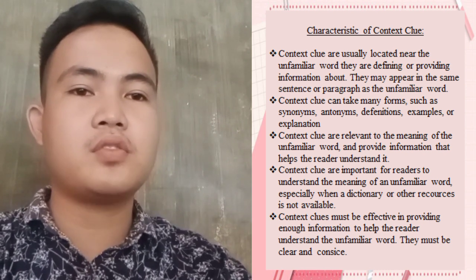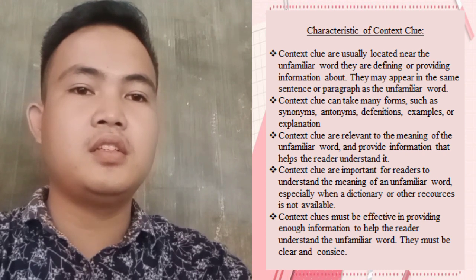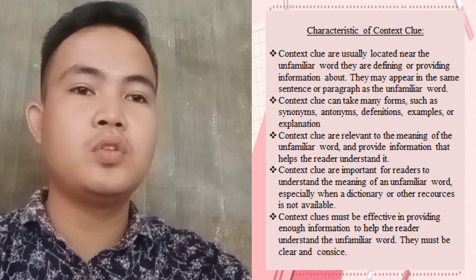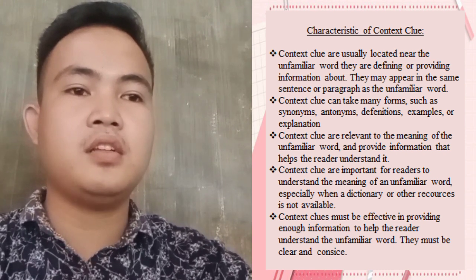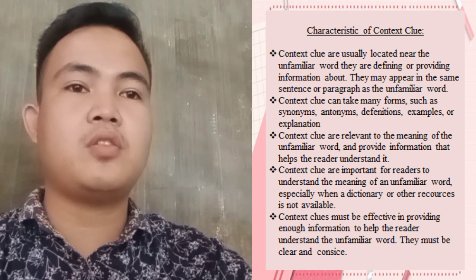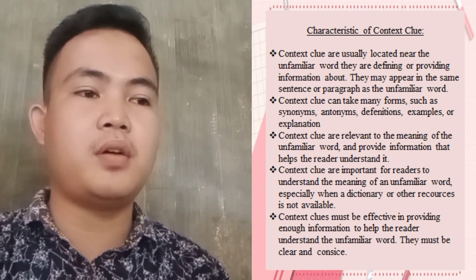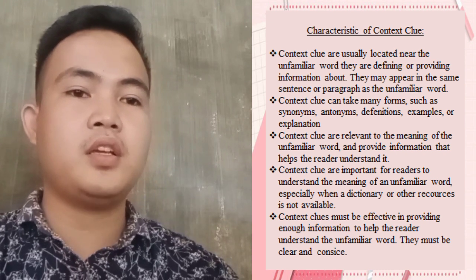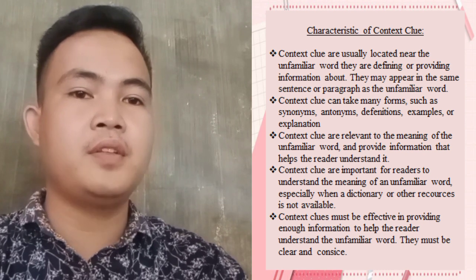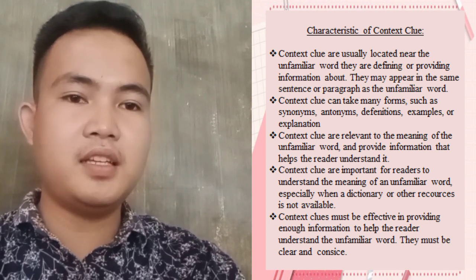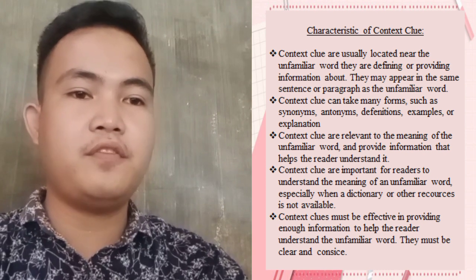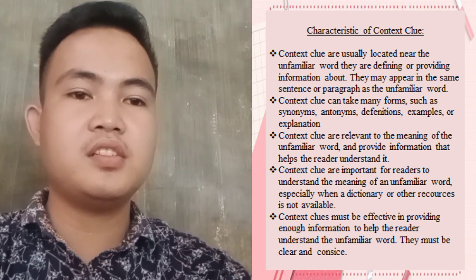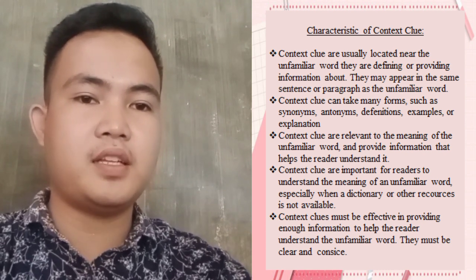The location of the context clue is usually near the unfamiliar word, and it gives the clue to the reader, so the reader can comprehend the meaning of the text or the paragraph. The second is that context clues can take many forms such as synonyms, antonyms, definitions, examples, or explanations.